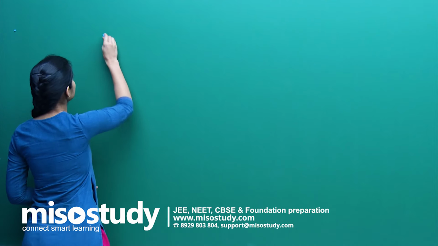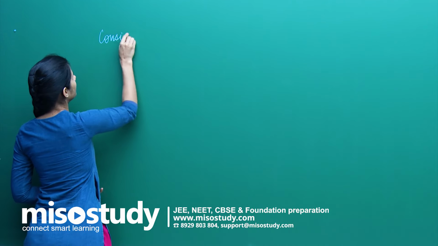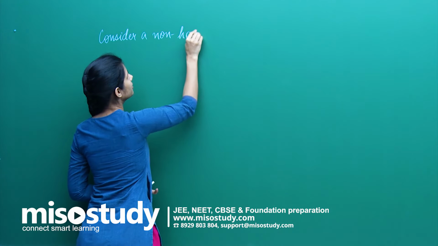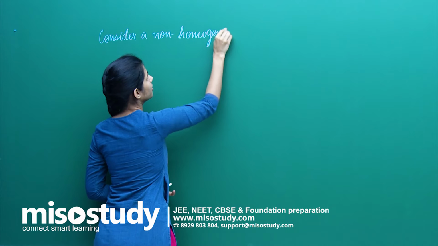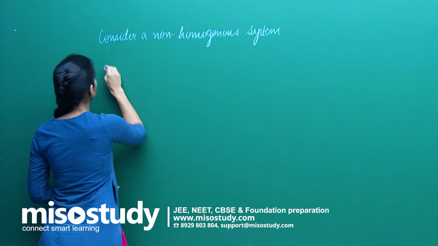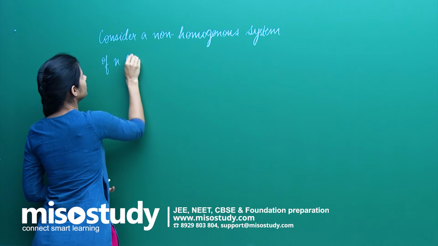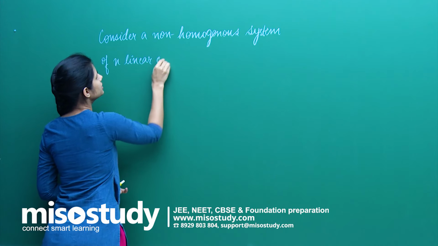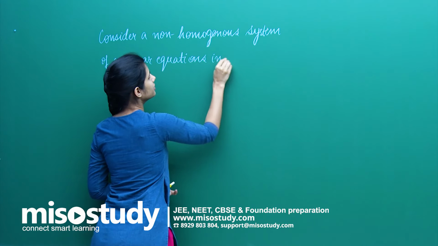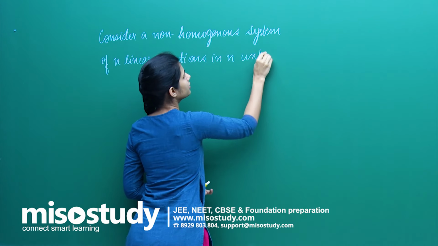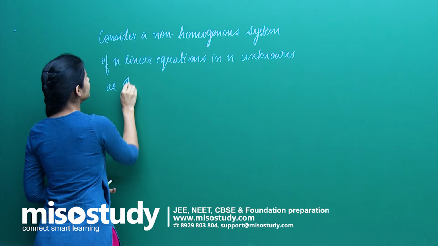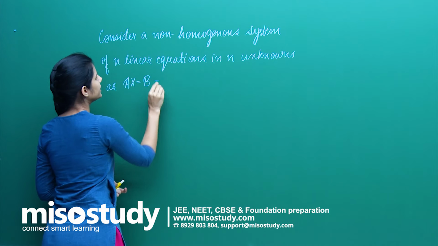How? If I just consider a non-homogeneous system of n linear equations in n unknowns as Ax equals b.